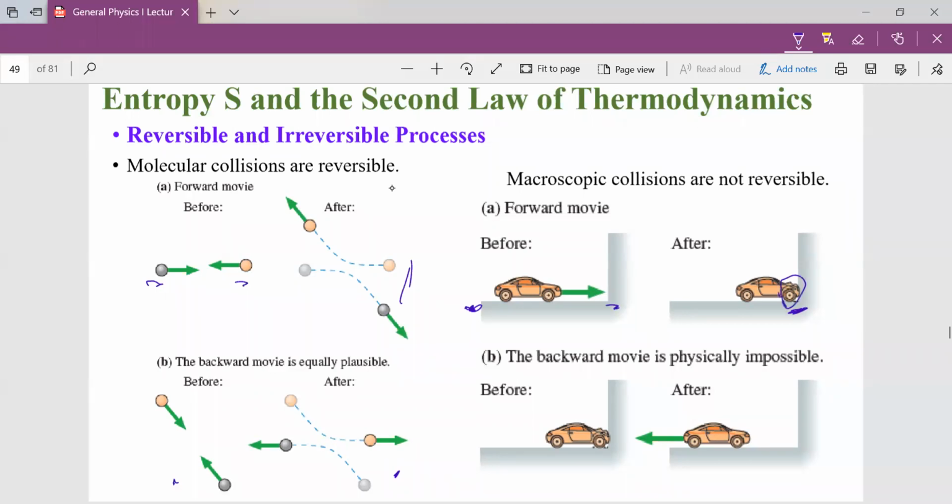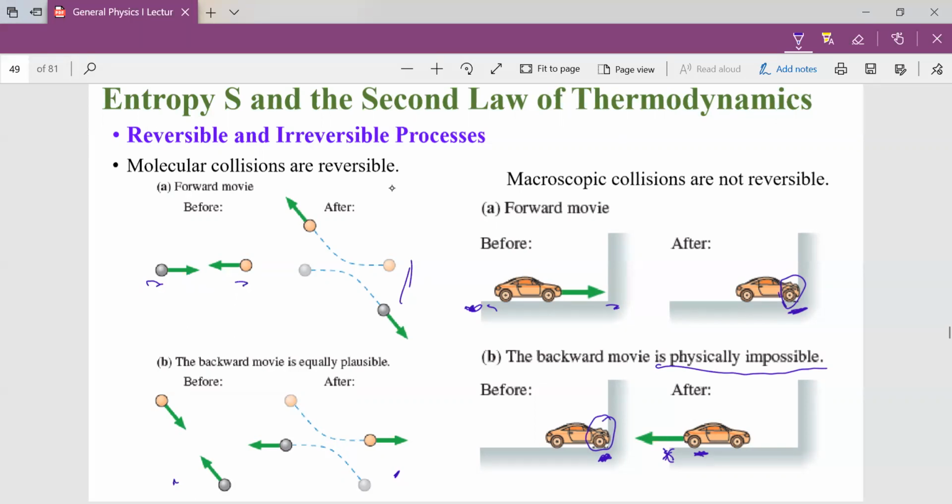It crashed into the wall. Now, look at image 2. Is it possible for this crashed car to go back to the original state as if nothing happened and change direction? No, it's not possible. And that's why we said this is physically impossible.